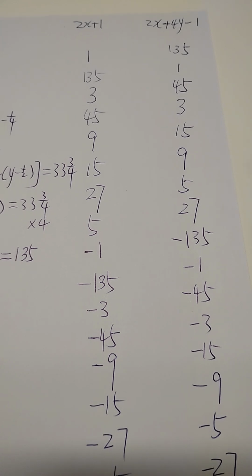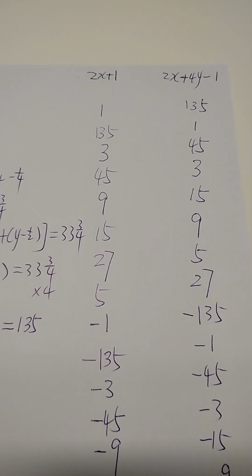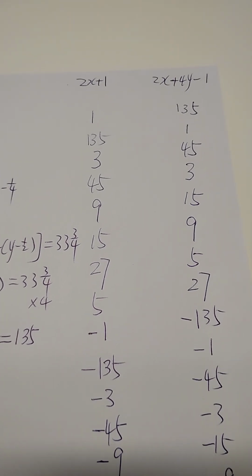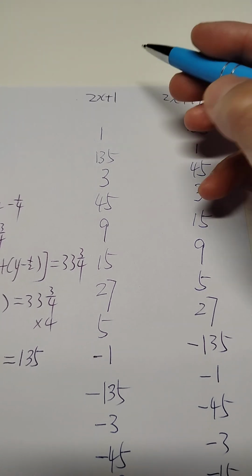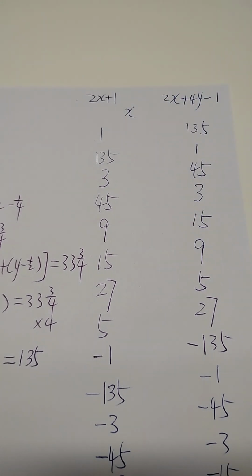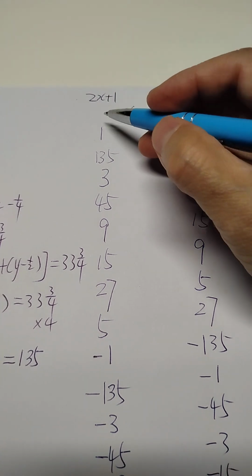Each pair gives one x and one y. So when 2x plus 1 equals 1, we have x equal to 0.